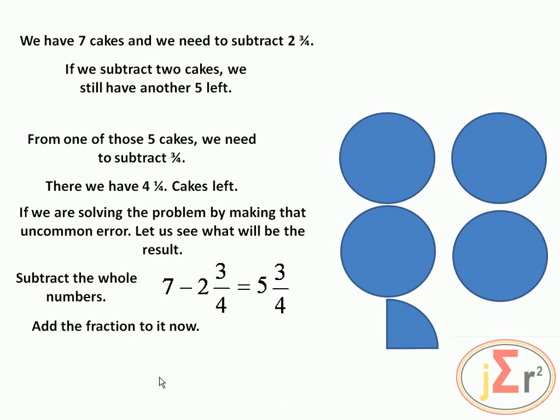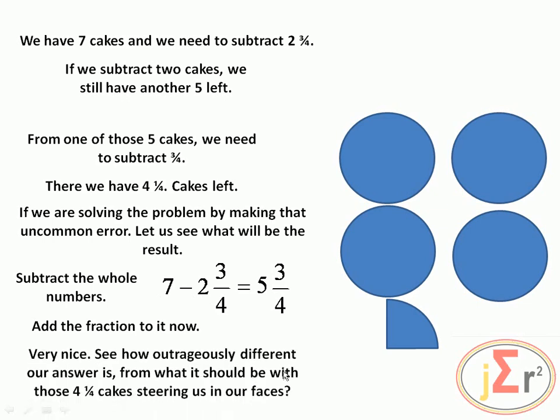I do not know where we develop these errors from. If we are subtracting 2 and 3/4, it means that we are subtracting 2 and we are subtracting 3/4. But some students beg to differ and they add the 3/4 to the result of subtracting the 2 whole numbers.